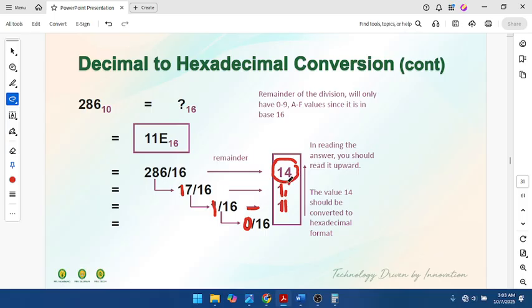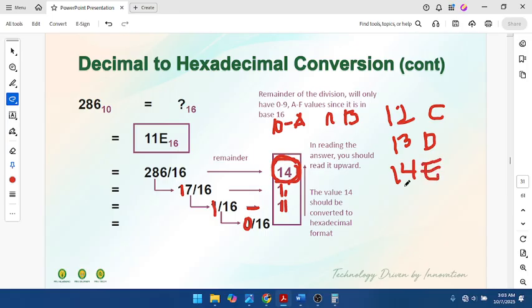Since this is hexadecimal, the representation of 14 is the letter E. So 10 is A, 11 is B, 12 is C, 13 is D, and 14 is E. So now 11E base 16.